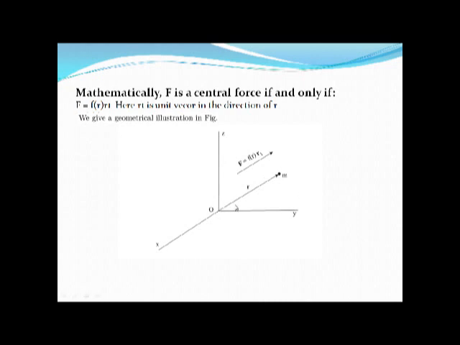So O and M represents the distance, that is R, and with the help of the distance and the mass we can explain F is equal to F of R, and where R1 is a unit vector.